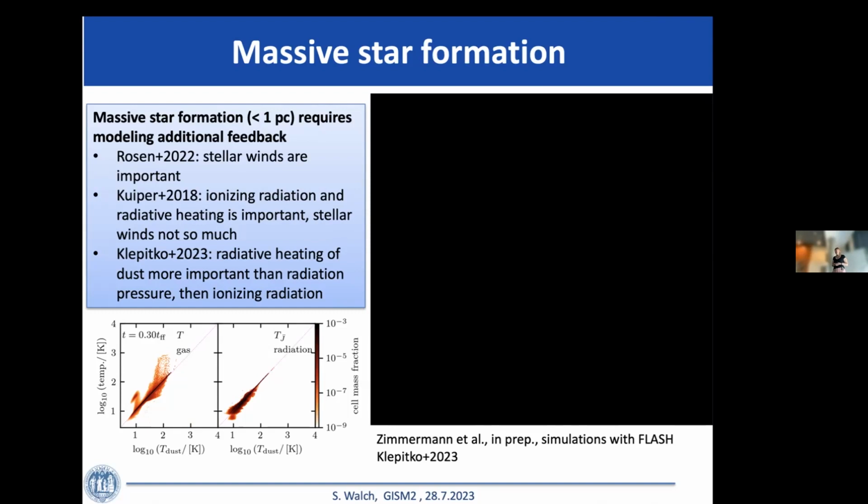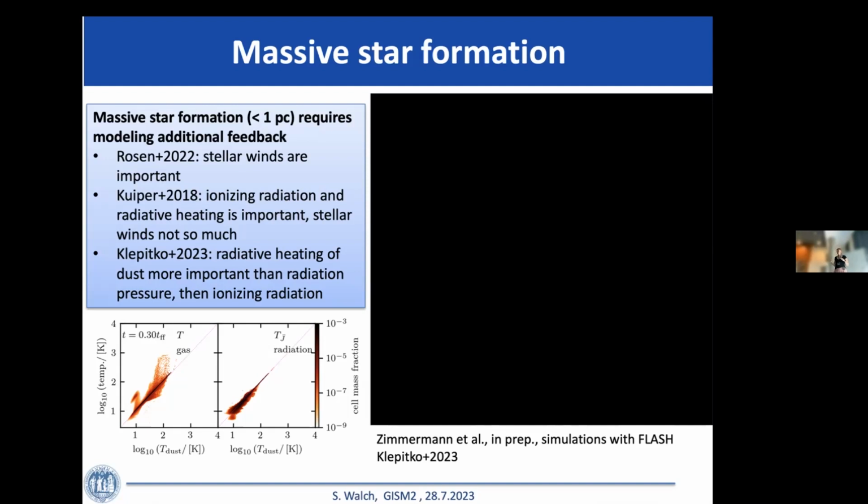I think it does. What we generally see is that for molecular hydrogen, when you start with no molecular hydrogen, then you need the dust to shield the gas in order to form the molecular hydrogen. But once you have molecular hydrogen, self-shielding is very important. And so if you don't destroy all of the molecules, similarly for CO, you have shielding of CO by dust, by H2, and by CO itself.